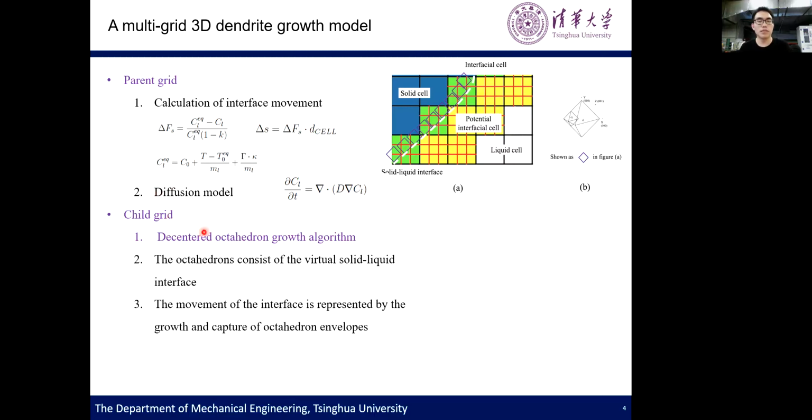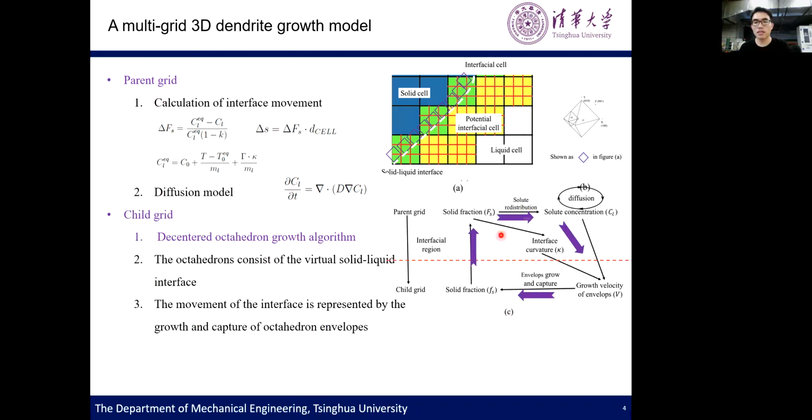And in the child grid, we use the decentered octahedron growth algorithm, as shown in this picture. The octahedron envelopes are located at the interfacial region and construct the virtual solid-liquid interface. The movement of the interface is represented by the growth and capture of the octahedron envelopes, and the growth of these envelopes is calculated from the movement calculated in the parent grid.